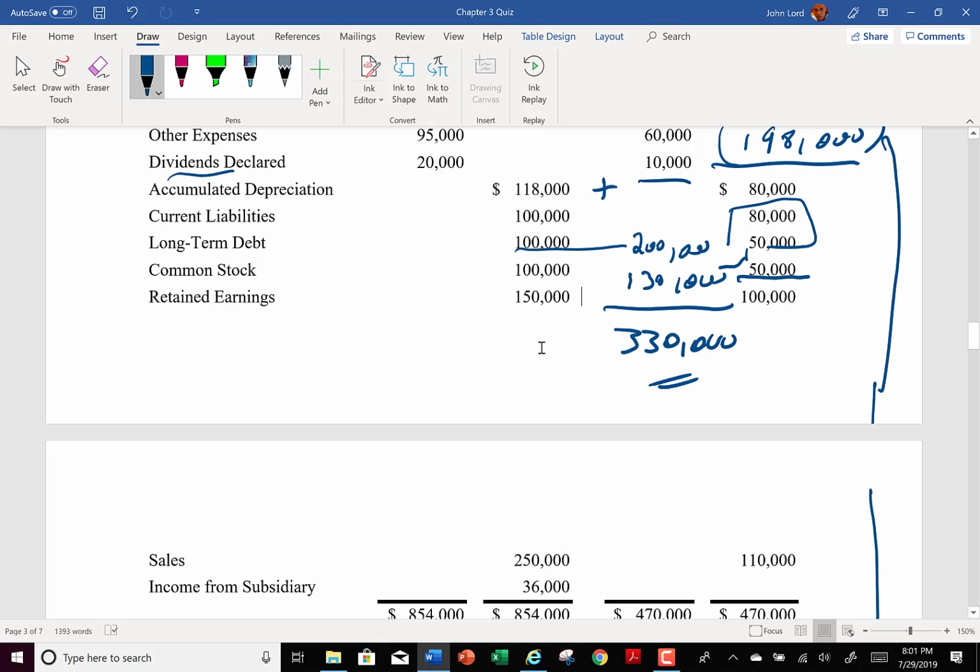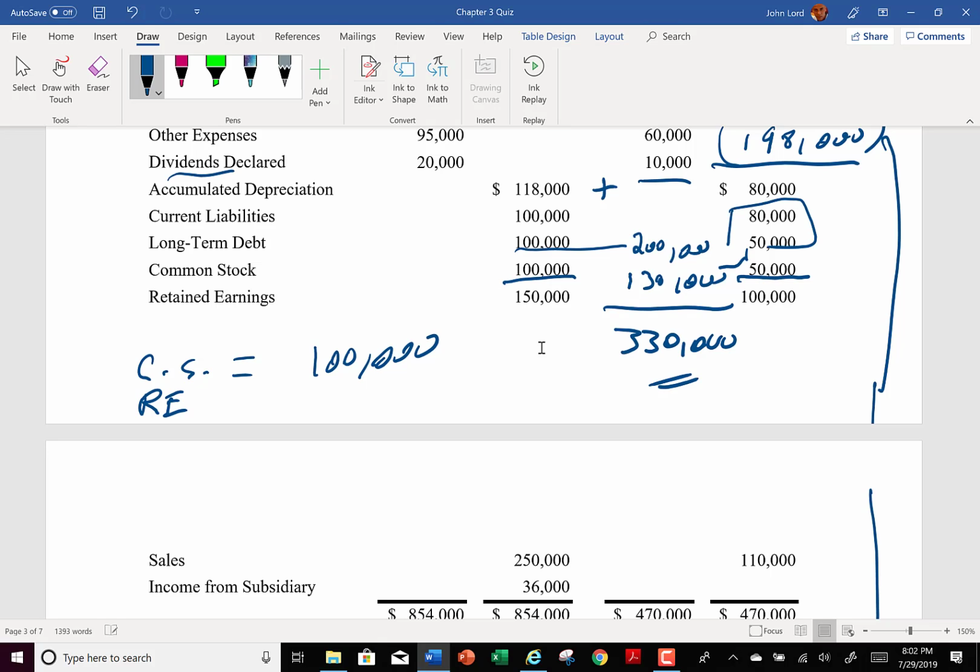So the parent stockholders' equity is the common stock of 100,000, and the parent's retained earnings.